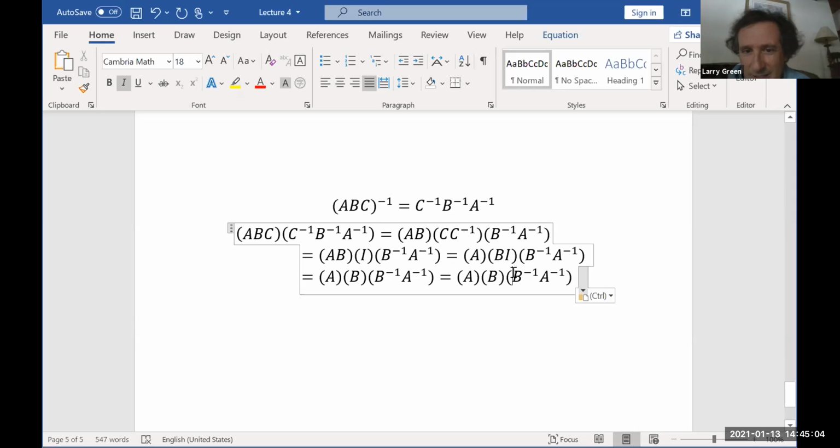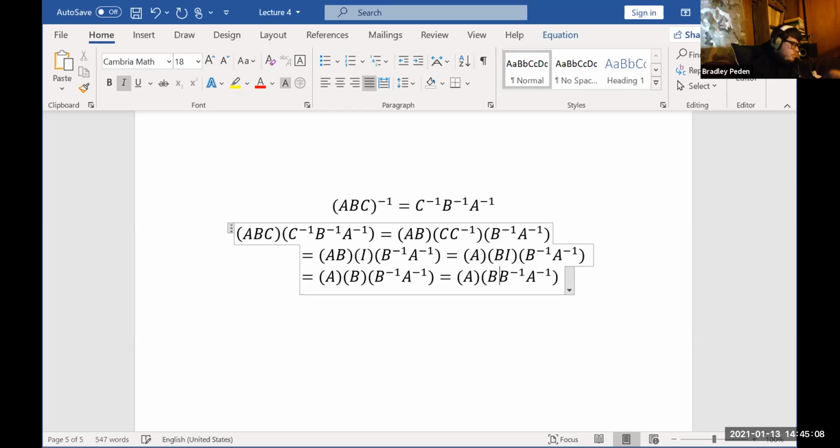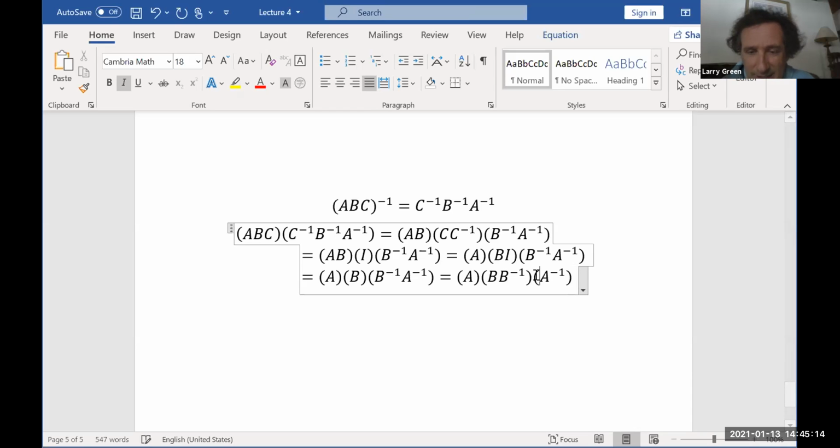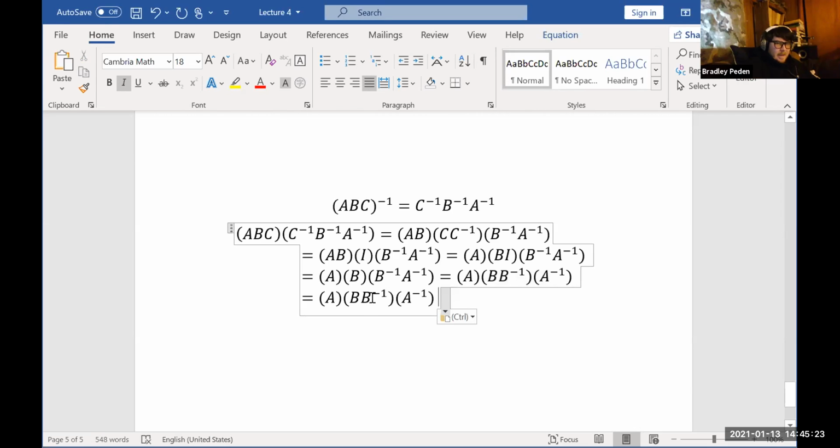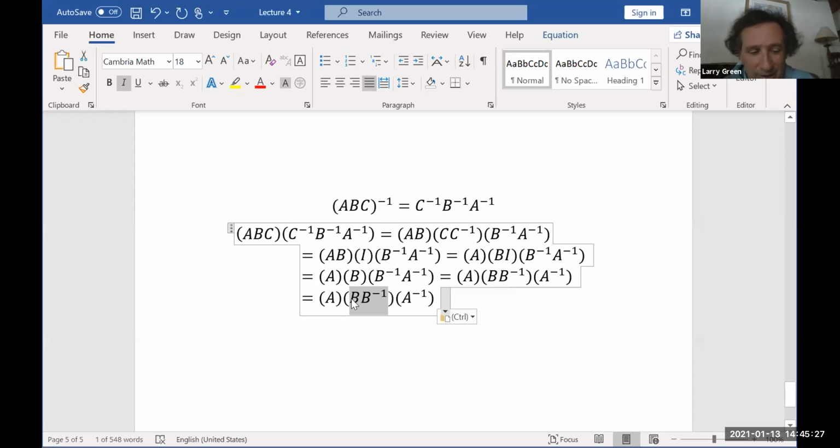Remember, you can't switch the order of things. You can only change parentheses. Switching the order is not allowed in matrix multiplication. Do you remember that? But you are allowed to change the parentheses. But what's B B inverse? It's I again. So I can turn that into an I, and we're almost there.